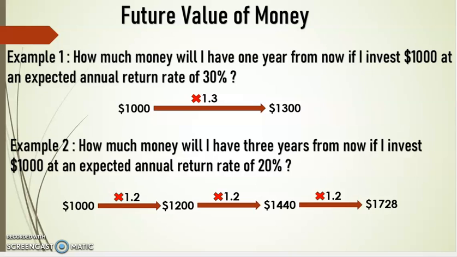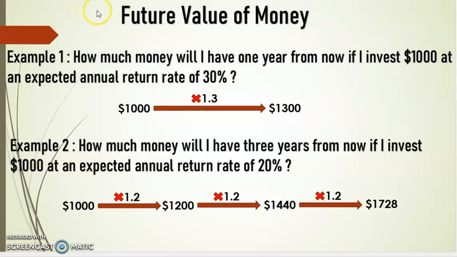Future value of money. Examples 1 and 2 show different scenarios to calculate the future value of money. Example 1 says, how much money will I have 1 year from now if I invest 1,000 at an expected annual rate?